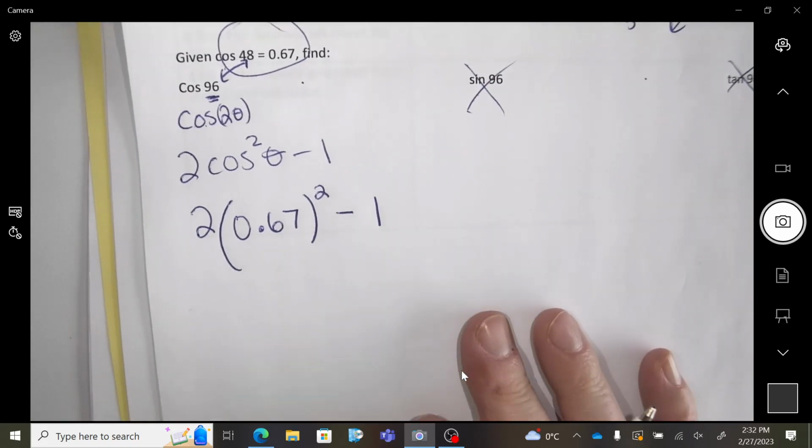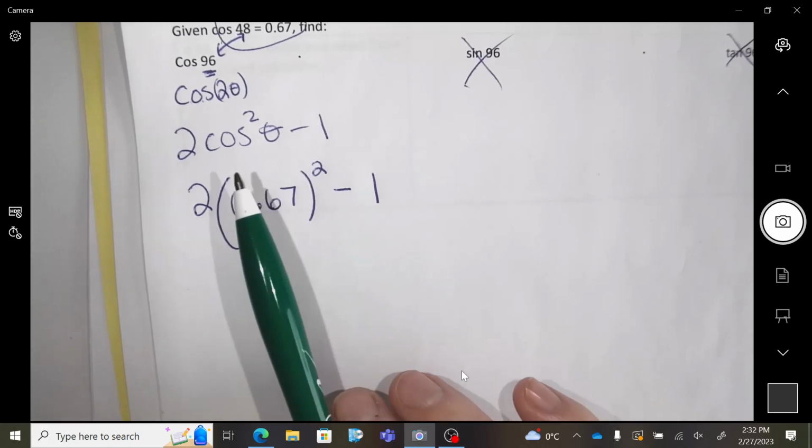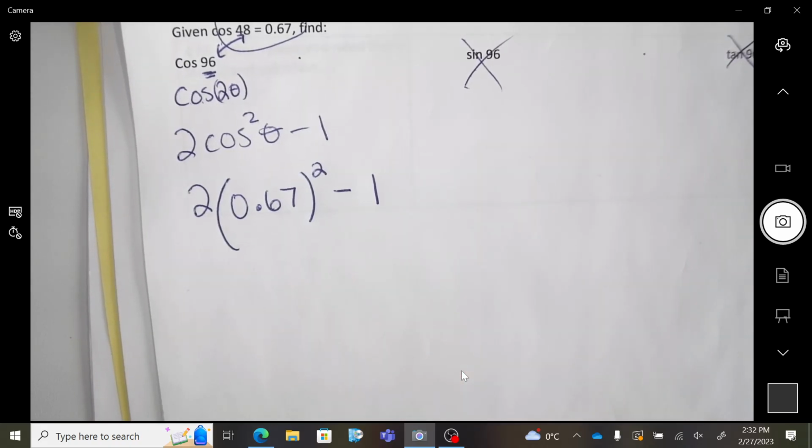So then that's what I'm doing, because the cos of the angle was given. So that can be on your calculator.